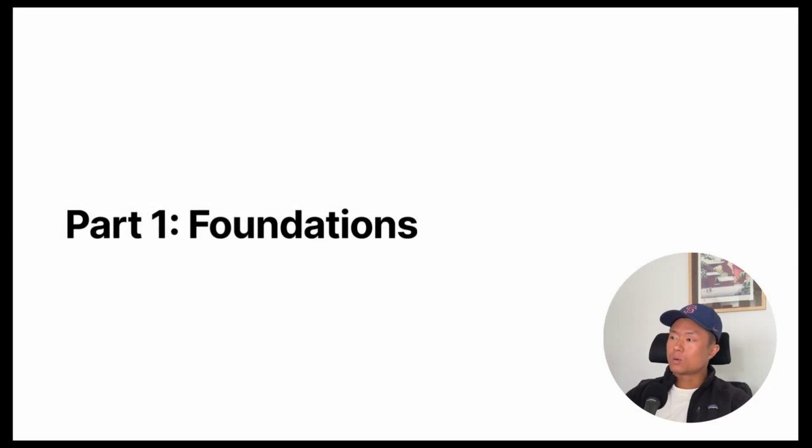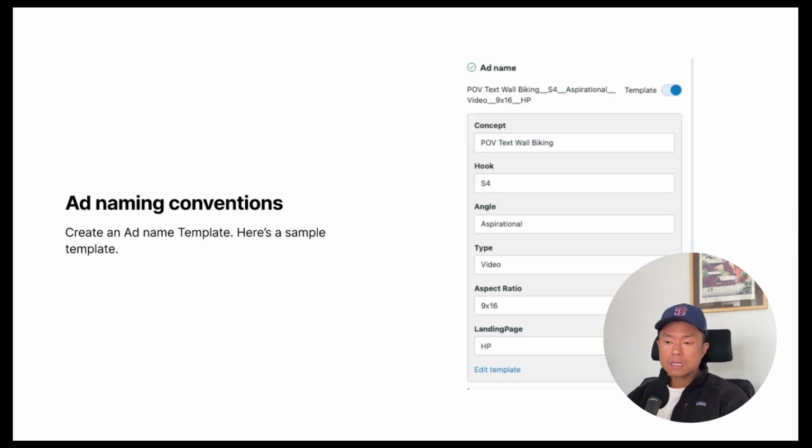But before I get into the weekly checklist, getting the foundations right is just as important. And here's what I recommend that you have set up, which many advertisers get wrong or they just don't know how to get started here. First thing is getting your ad naming convention set up right. So in Ads Manager, you can create an ad name template, and I included a sample one here.